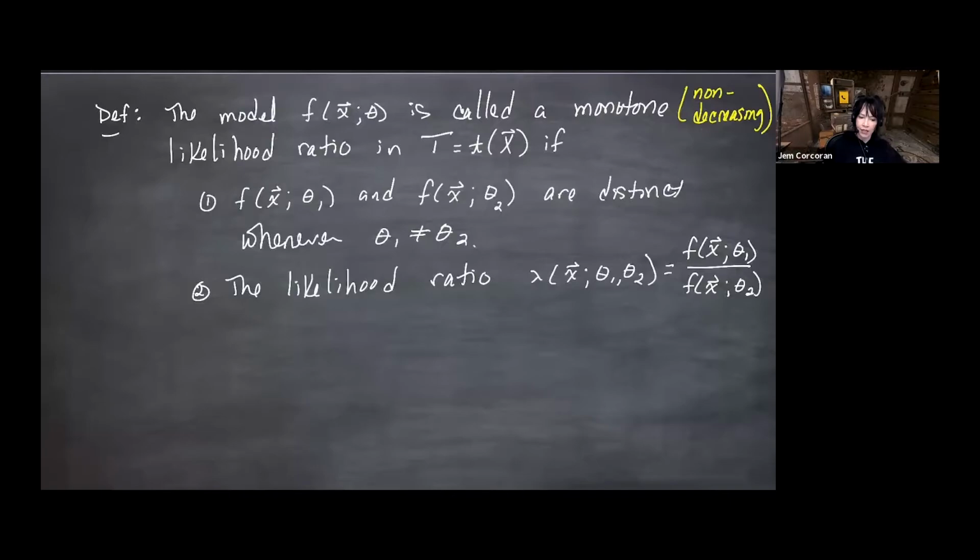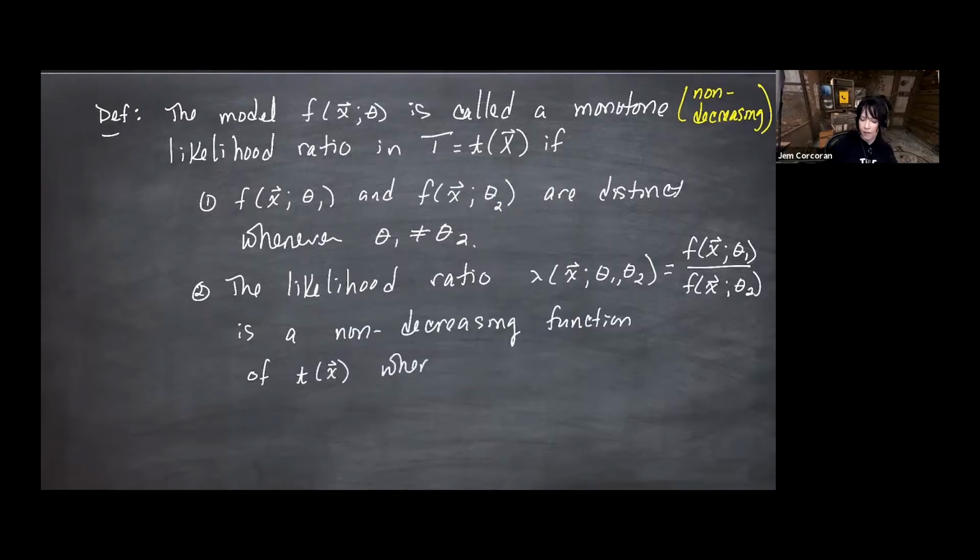So this likelihood ratio is a non-decreasing function of the function that defines the statistic, this little t of x, whenever theta 1 is less than theta 2.